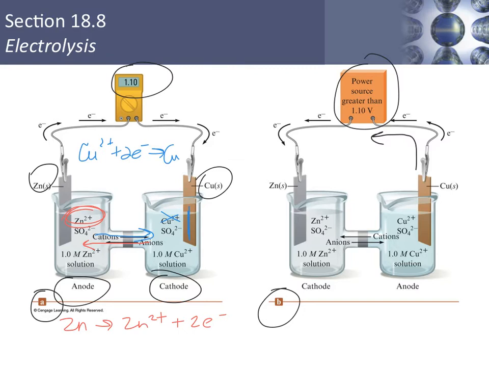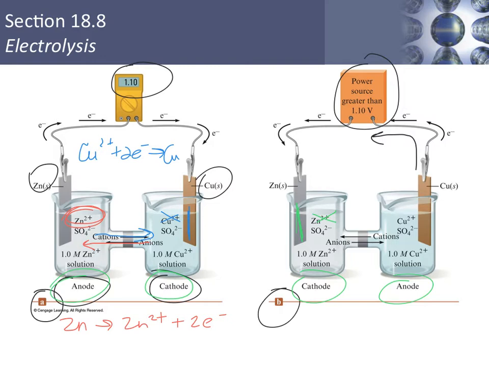Notice how the anode and the cathode have been reversed between the two cells because electrons need to flow from anode to cathode. Notice that the ion flow has also been reversed as well. So as electrons come over to the cathode, we will be losing zinc ions this time, and zinc metal will plate on our cathode.